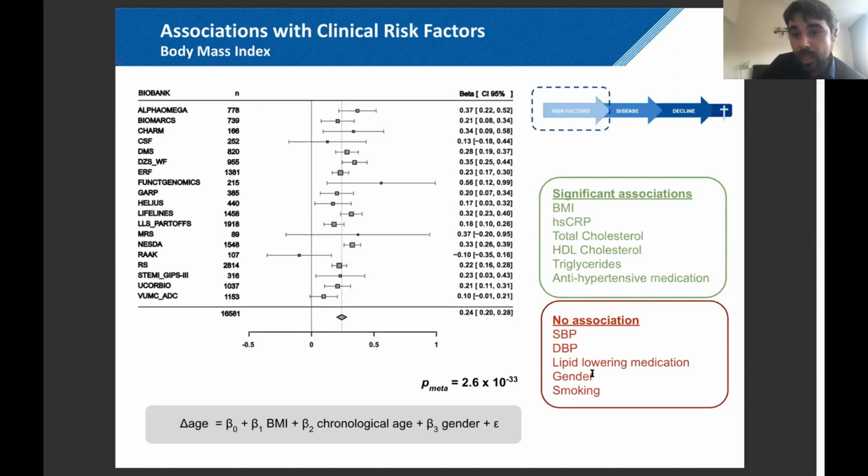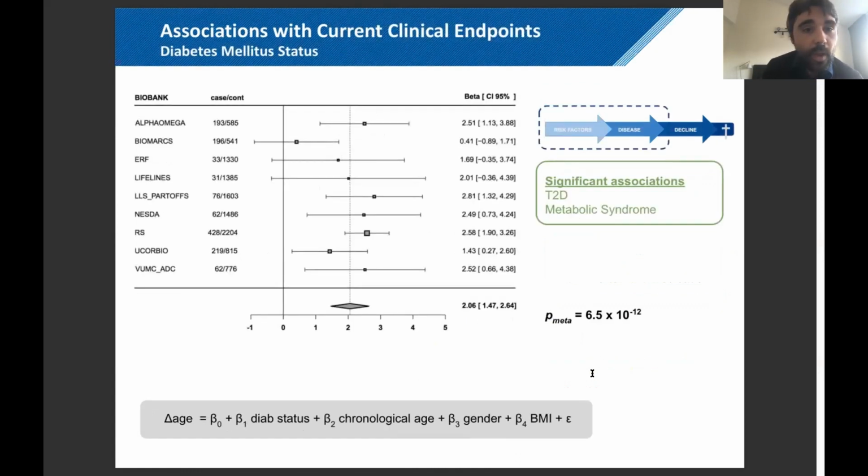The next step: we want to evaluate whether it's also indicative of current disease status. In the BBMRI consortium, we looked at studies that have at least some cases and also some non-cases to evaluate whether the delta metabolic age associated with this disease state. We did this for two things: type 2 diabetes and metabolic syndrome.